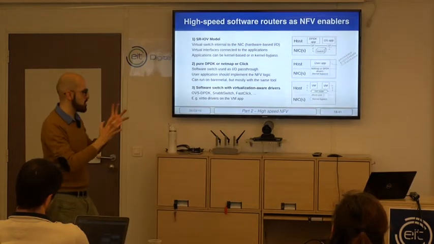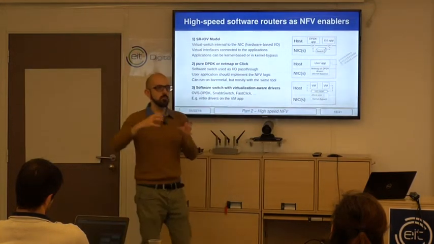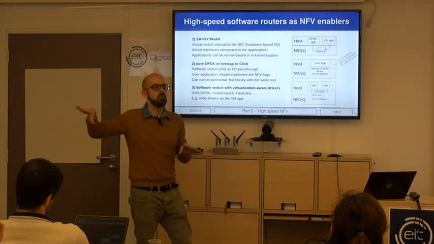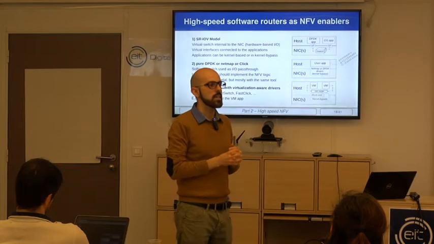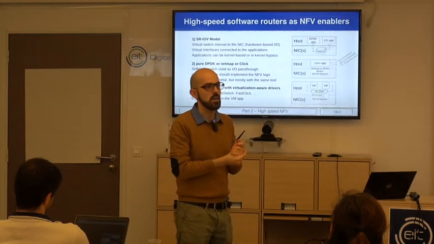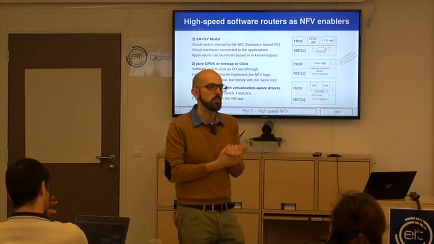So it's not because we want to model a single software router. We want to put our software router in the context of an NFV network and verify if we can predict, for instance, the TCP flow throughput.